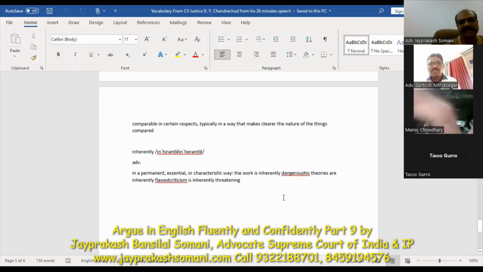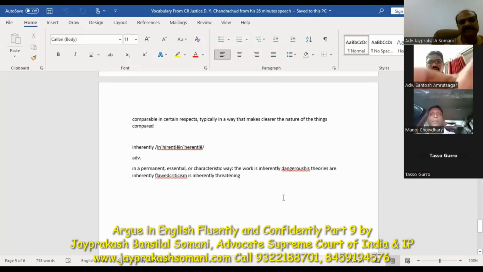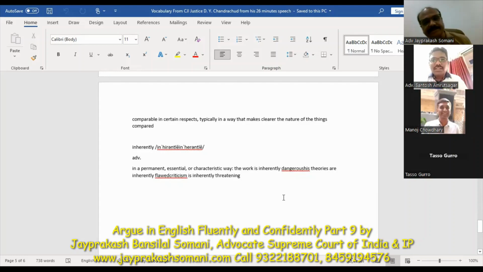Inherently. This is an adverb. Its meaning is in a permanent, essential, or characteristic way. The work is inherently dangerous. His theories are inherently threatening. Correct.